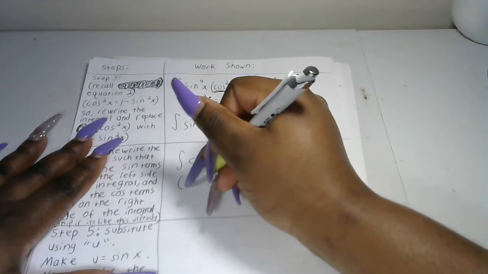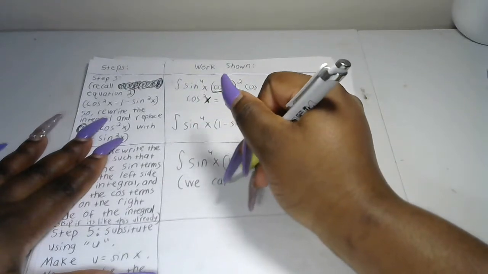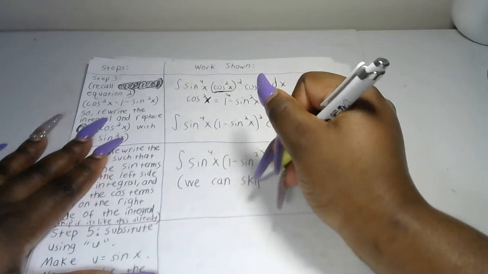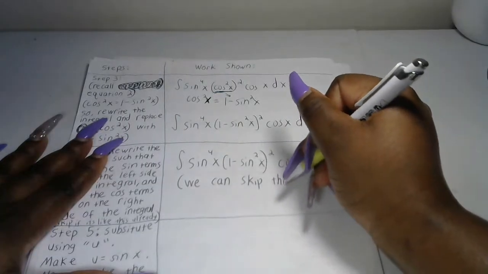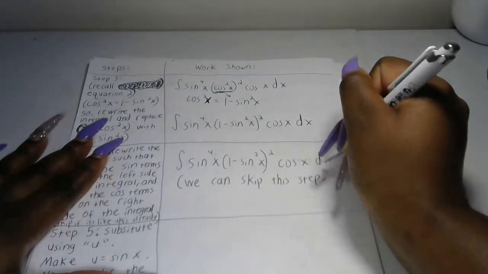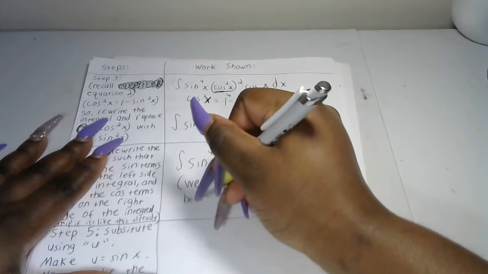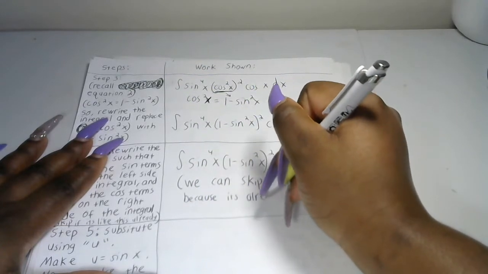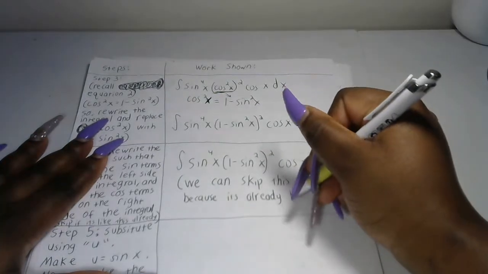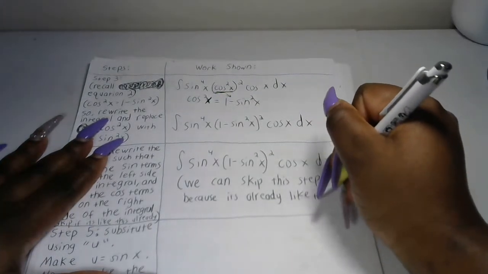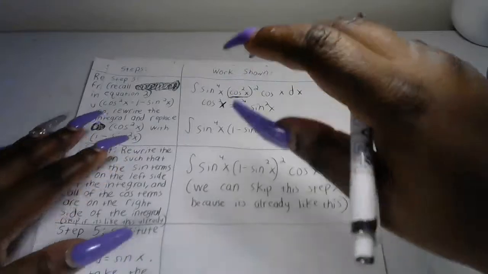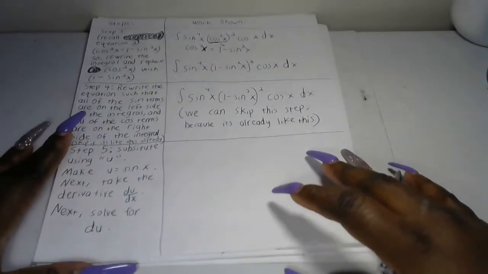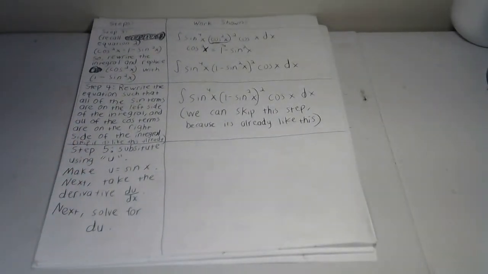So we can skip this step because it's like this already. All right, now let's go to step 5.